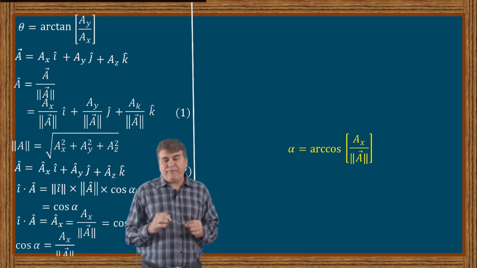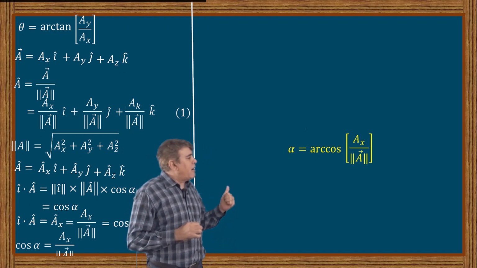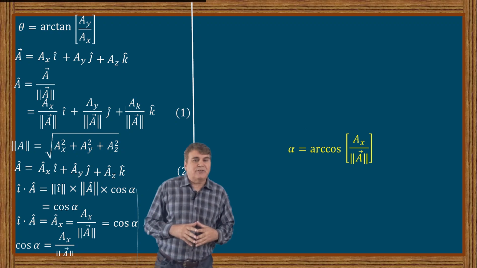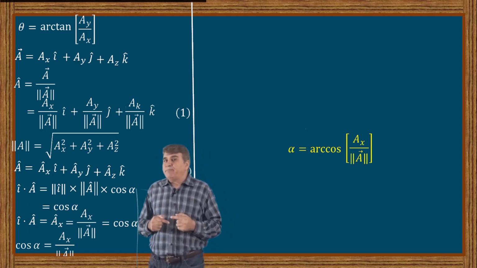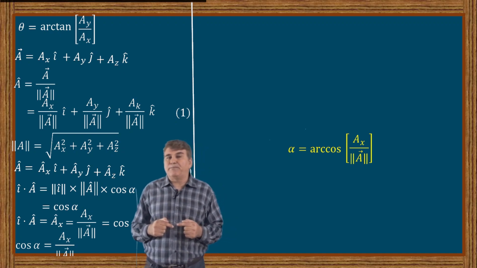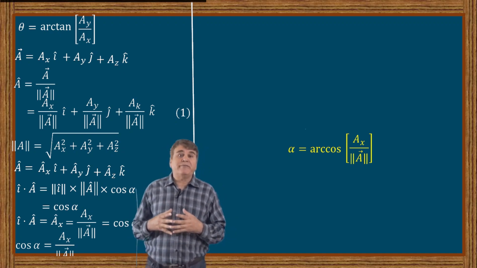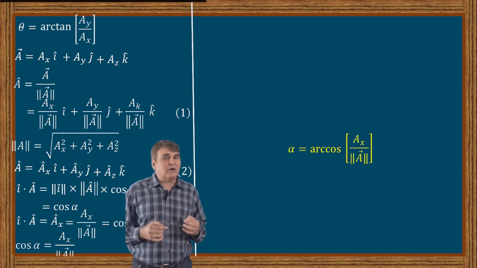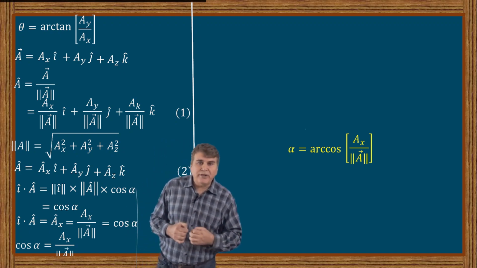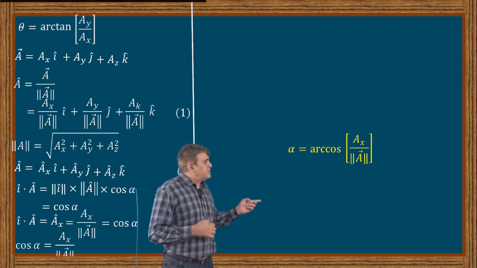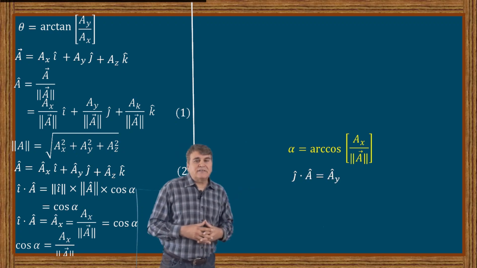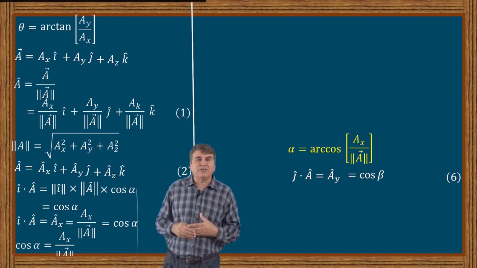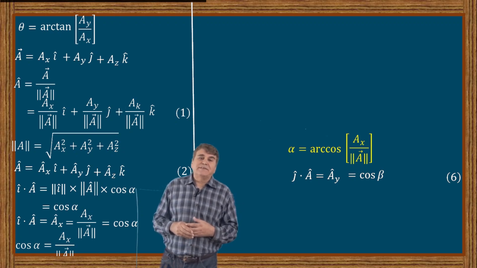So equation 5 defines the angle of the unit vector A, or of the vector A, along x-axis of the Cartesian coordinate. I repeat the same procedure for the other components. That is, I project the unit vector A along y-axis, and that I can do by taking the scalar product of j with unit vector A. And if I do that, I can write j dot A equals a sub y hat equals cos beta, meaning I'm taking the angle along y-axis made by the unit vector A equals beta.